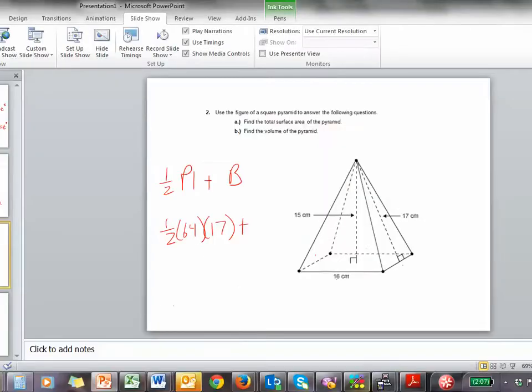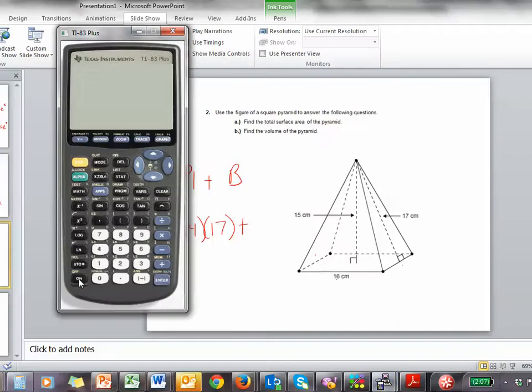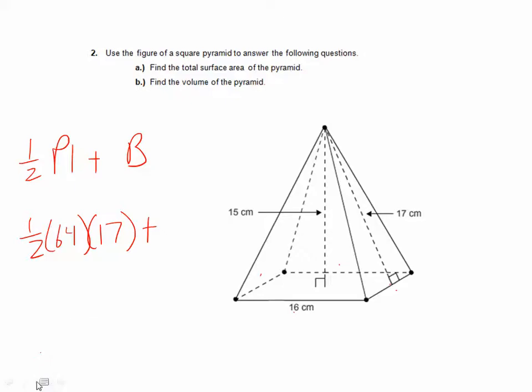And then you're going to take the area of the base, which is going to be 16 times 16. So again, I'm going to get my calculator here. I'm going to take 16 times 16, which gives us 256. Okay, so now we're going to come back here.